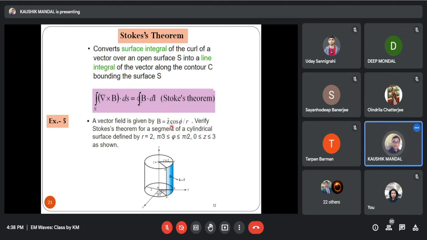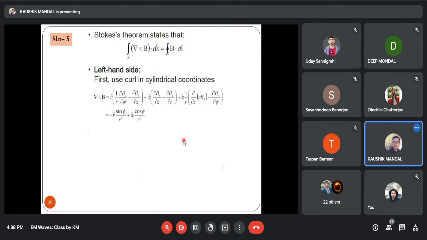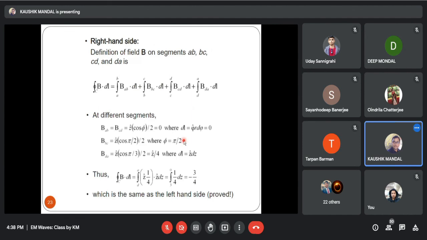B is equal to z cap cos phi by r. So on this particular surface, BAB will be 0 and BBC will be cos pi by 2 by 2. You will check it, okay? And similarly BDA, that will be z cap by 4.